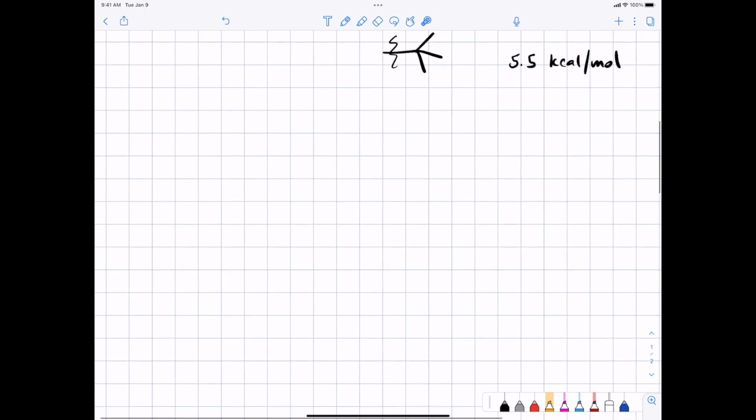One of the ways to ask questions about your understanding of chair conformations is to draw some cyclohexane ring and then put some substituents on it and ask you what is the best chair conformation, or the most stable chair conformation, for this molecule.